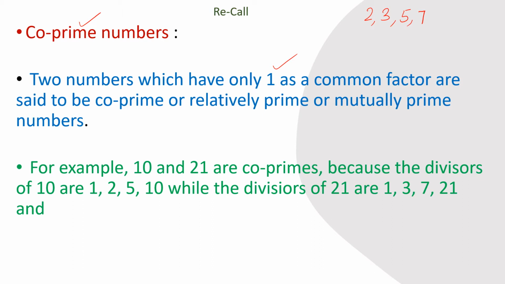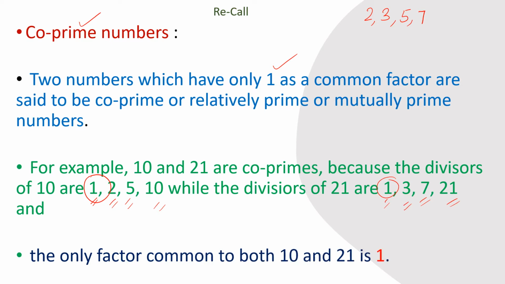The divisors of 10 are 1, 2, 5 and 10. 21 you can divide with 1, 3, 7, 21. That means only 1 is common between these two numbers. We have named such numbers as co-prime numbers.